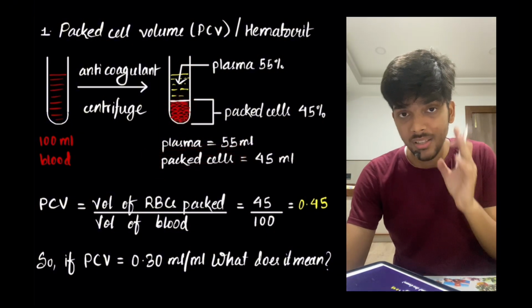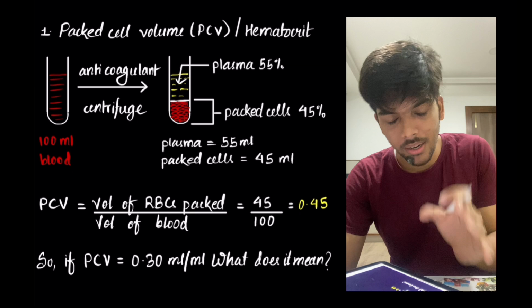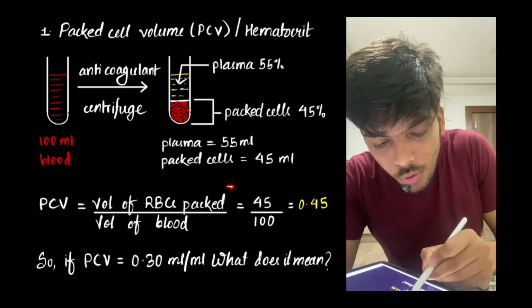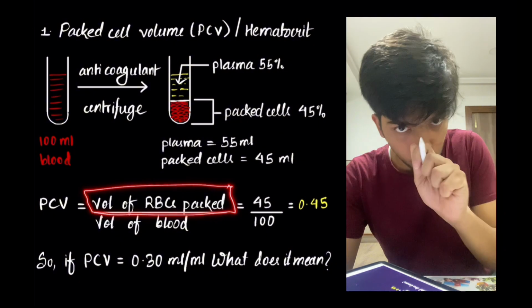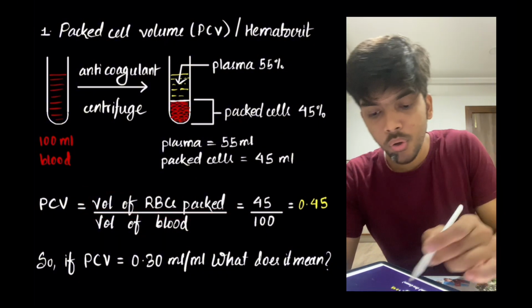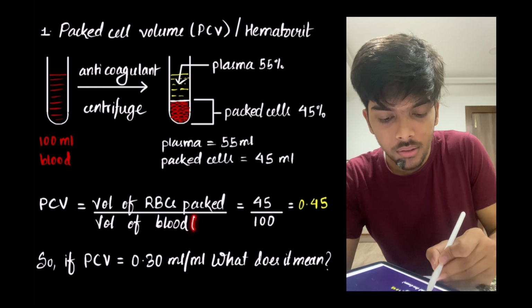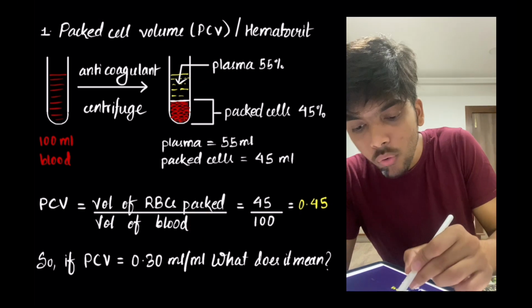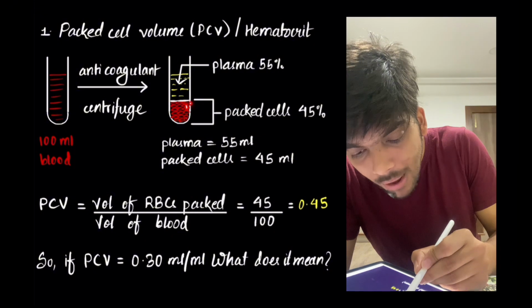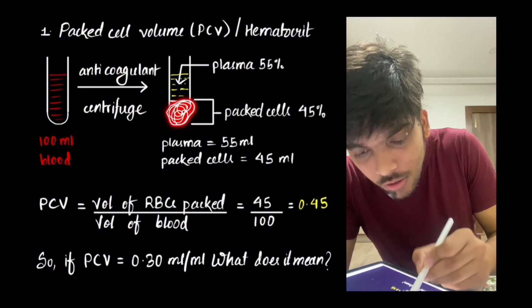Okay, now this is the true definition or the mathematical definition. Packed cell volume is the volume of RBCs packed together per unit volume of blood. So you have your volume of blood. Out of this total volume of blood, how much volume is formed by RBCs that are packed together?